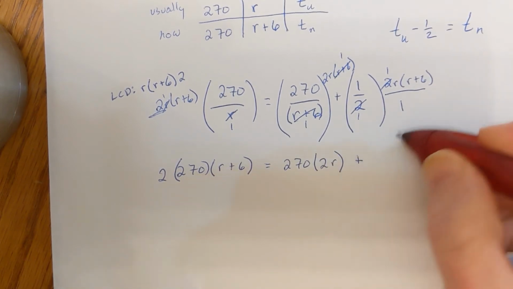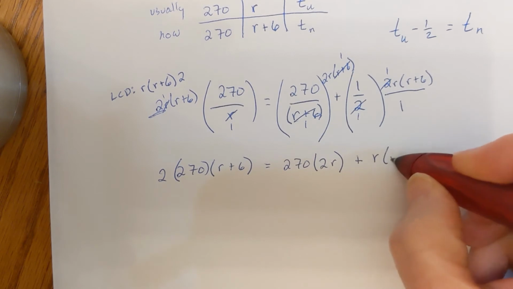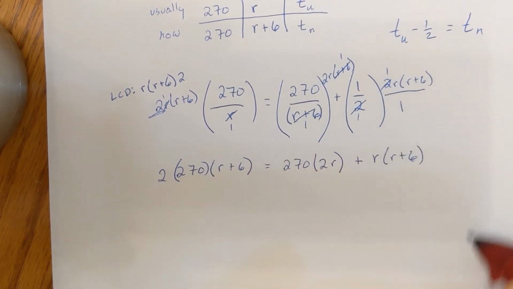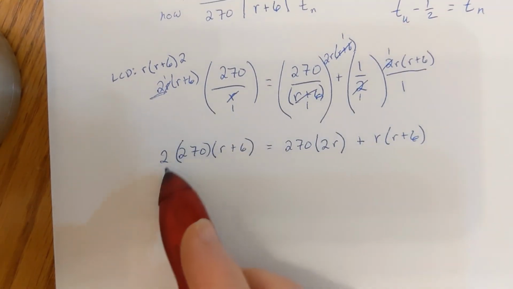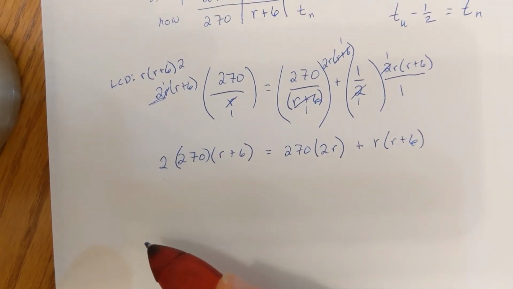plus R times R plus 6. Make sure you get everything when you multiply. I almost lost one there.